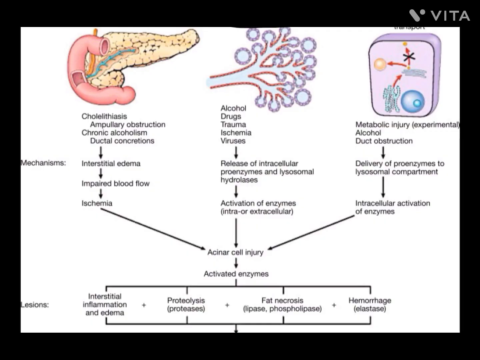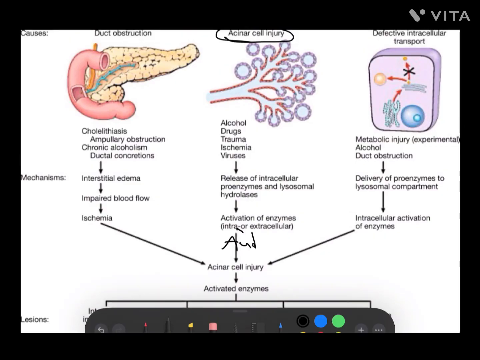Then it will activate the other enzymes, and then we can see autodigestion. Then inflammation, then edema, necrosis and hemorrhage, then SIRS, then multiple organ failure, then the patient will die.